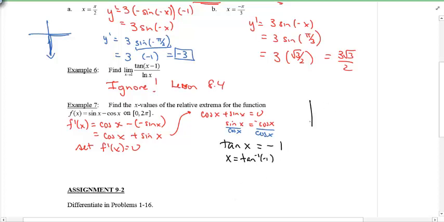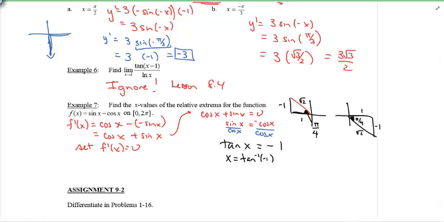Tangent, of course, can be found in quadrants. With it being negative, that's quadrant 2. And also quadrant 4. It's negative 1, so the ratio here must be negative 1, 1, which must be root 2. And that means this angle must be 45 degrees, or pi over 4. Same thing here, right? Negative 1, 1, root 2, pi over 4.